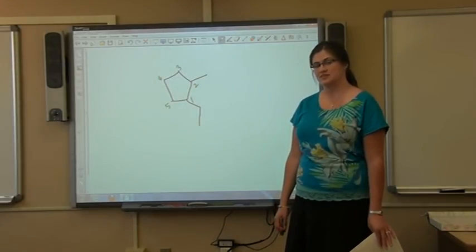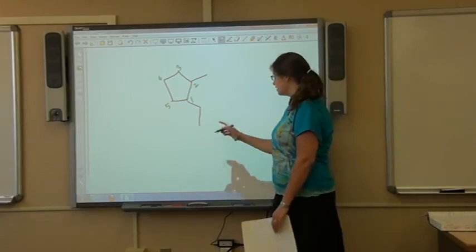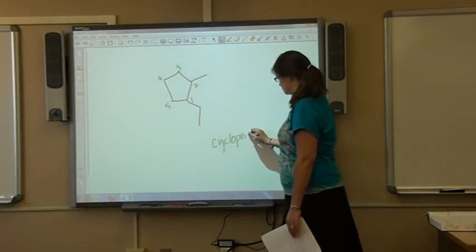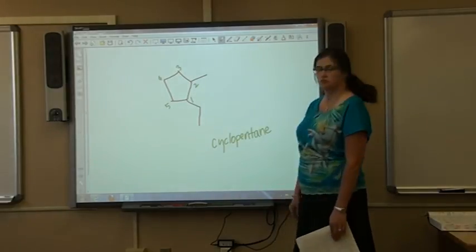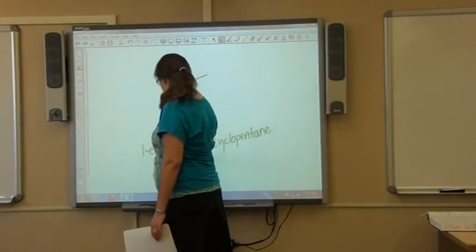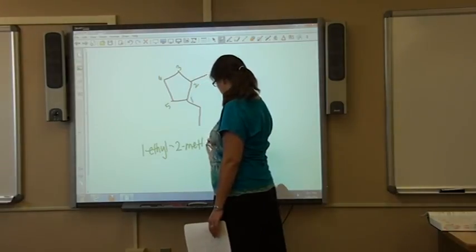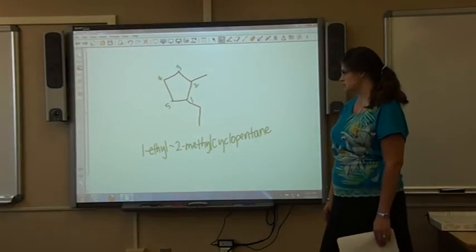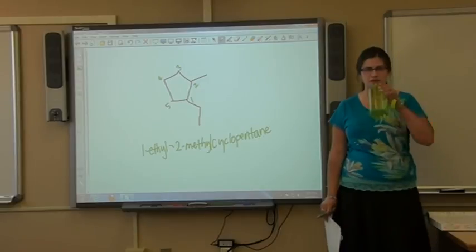The first step says that we then have to add the cyclo and the ane to our parent name. So here we have cyclopentane. And now we just have to follow the rules as before. We have an ethyl, we have a methyl. 1 ethyl, 2 methyl. Oh, I ended right perfectly. 1 ethyl, 2 methyl cyclopentane. That's a mouthful.